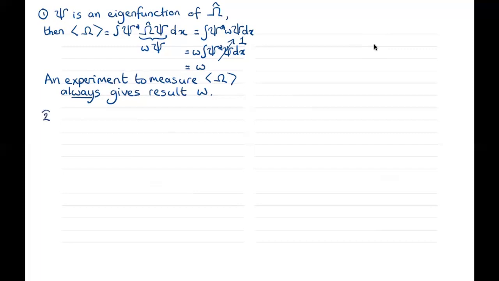The second case is a little bit more complicated. The wave function is not an eigenfunction of the operator corresponding to the observable we're interested in.